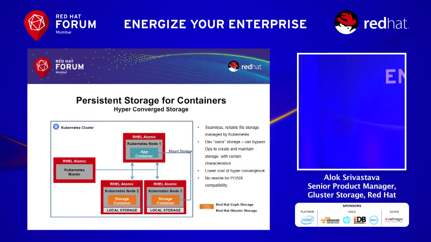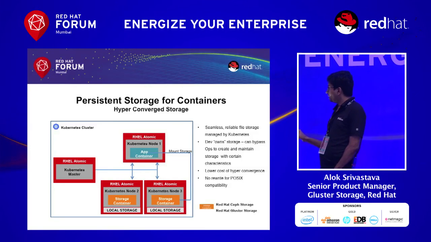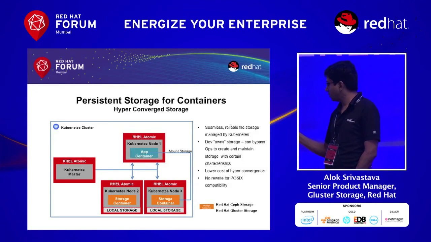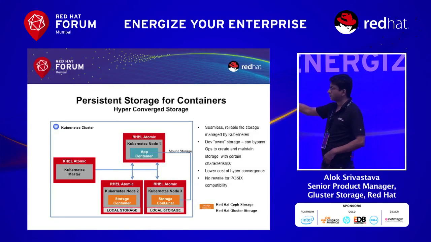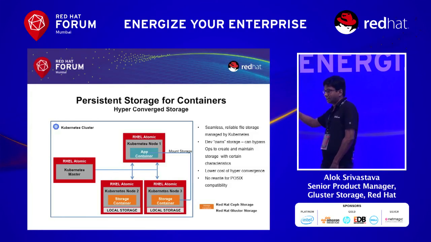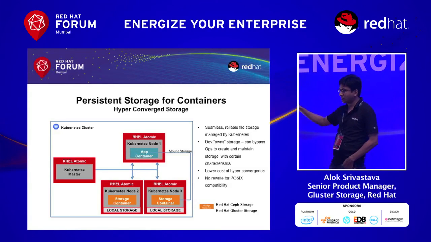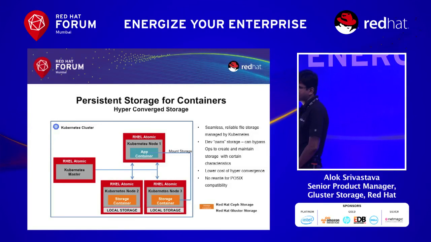So coming to the second model, this is the hyper-converged model. The reason why I'm calling it hyper-converged is if you look at this model, in the previous model storage is outside of the host cluster, right? In this model, storage is sitting along with the application containers. Storage is co-resident with application containers, and storage here is nothing but just another container.